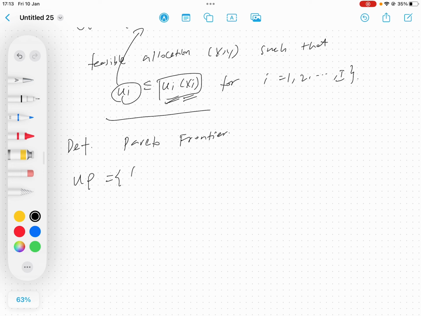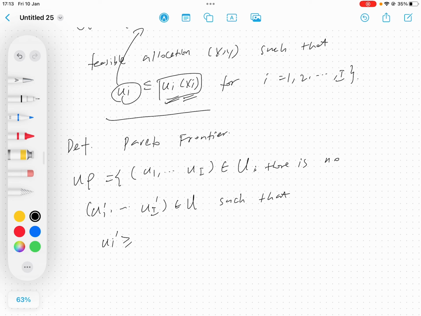So this U^P set is also a family of those continuous utility functions which are in that U, the one we just defined, such that there is no such u_1 prime up to u_I prime in U such that u_i prime is bigger than or equal to u_i for all i, and u_i prime is bigger than u_i for some i.